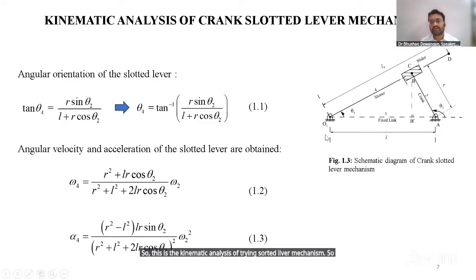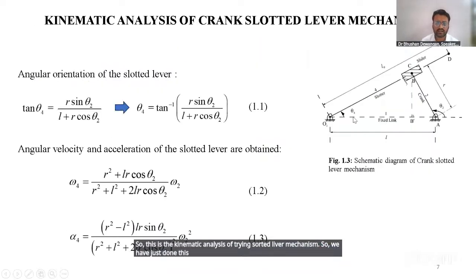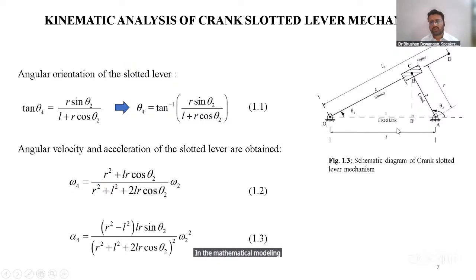So we have just done this in the mathematical modeling. Like that, you can say the slider is over the slotted lever, and that slider is connected to the crank, and the crank and the slotted lever are grounded. You can see here the different lengths I have given.